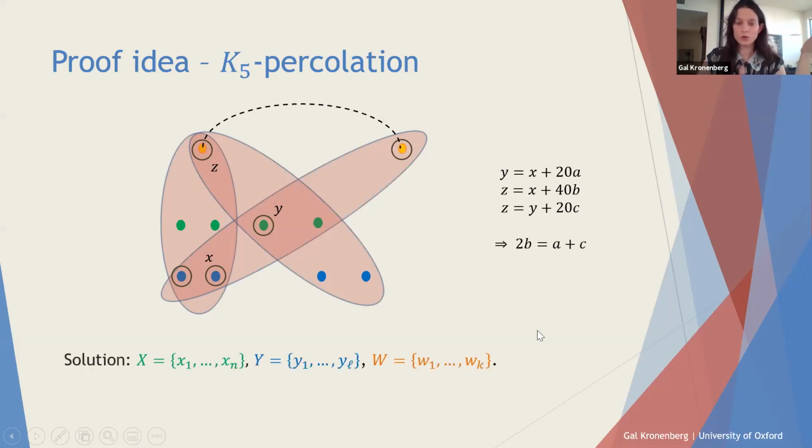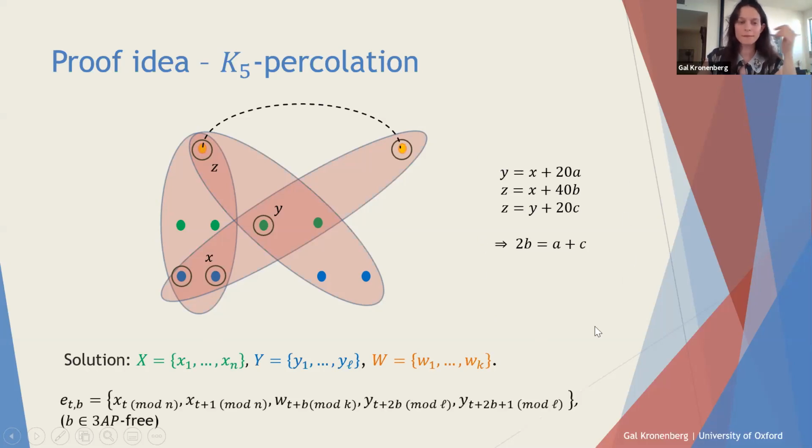So what is the solution? How do I do it? I once again take 3 sets of vertices, I do the same, but this time I don't take consecutive cliques. I give space between them in such a way that will not allow this thing to happen.